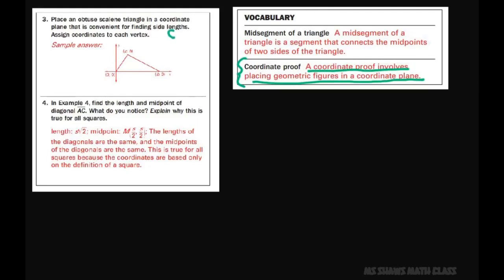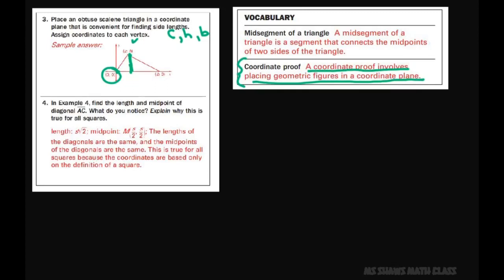In this case, we're using C, H, and B. And we're using H a lot because this is the height. Usually with triangles, you have the height. And you could have used A or B or C. And then always have 0, 0. We always want to go with the origin.